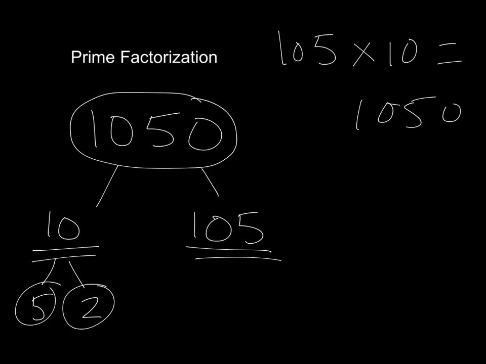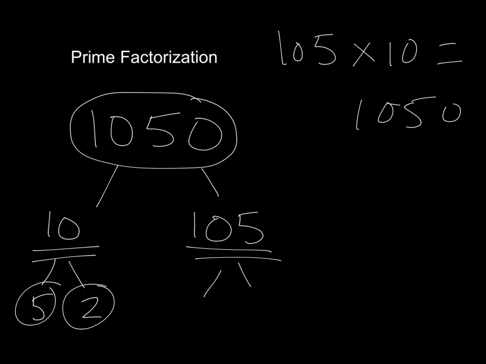And again, prime numbers are numbers where the only factors are themselves and the number 1. So, for example, 5, the only two numbers that when you multiply them together give you 5 are 5 and the number 1. And same with 2. So 5 and 2 are prime numbers. We're going to leave those as is.